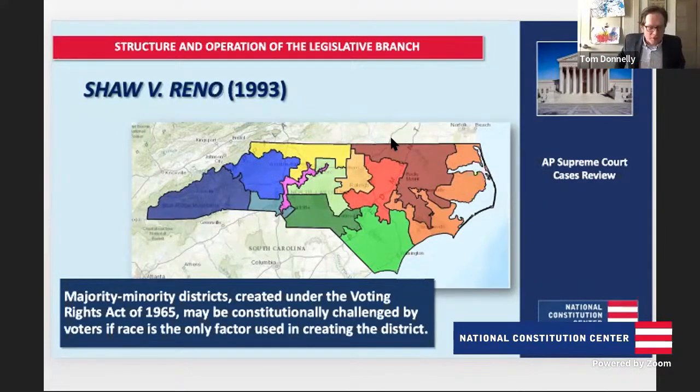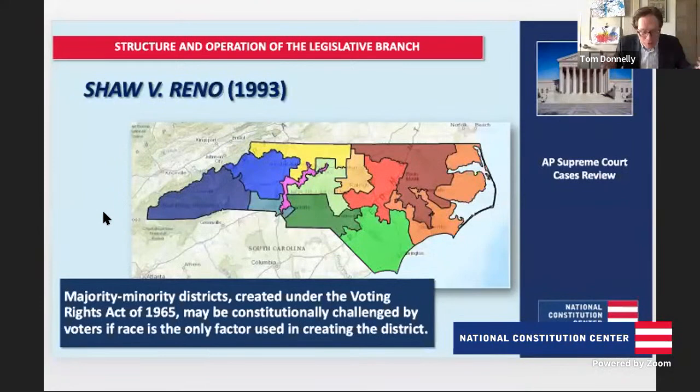And so this involved a district in North Carolina, a couple of districts that were designed to allow for majority African-American districts. But you could see the main district at issue is that pink one that you see. It was meant to cut down basically an interstate in the middle of the state.